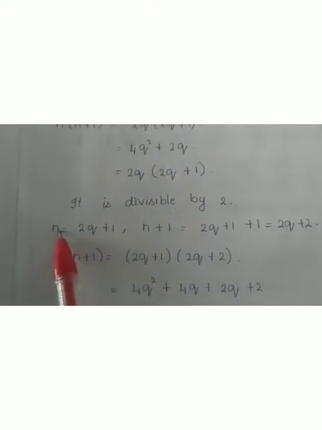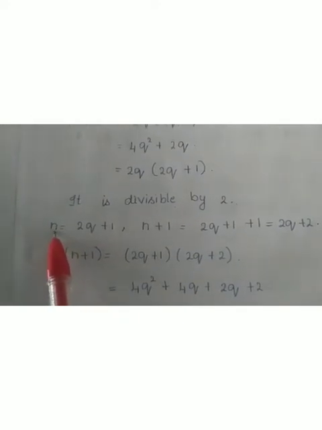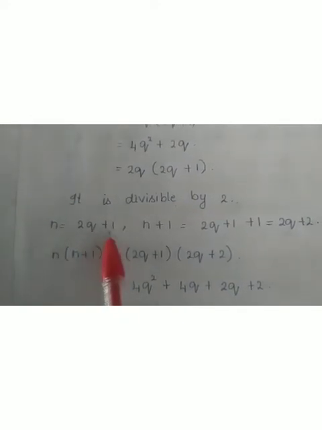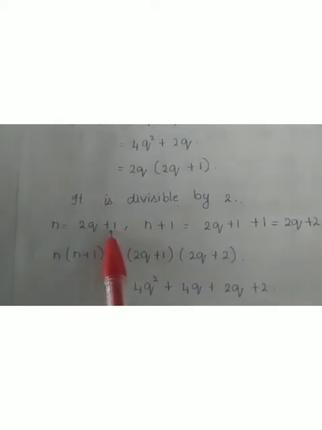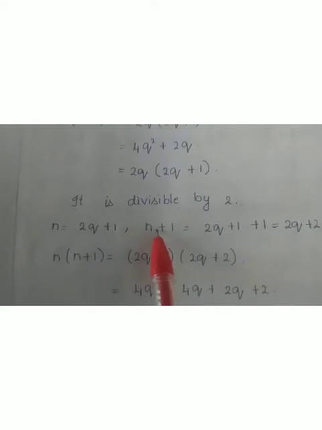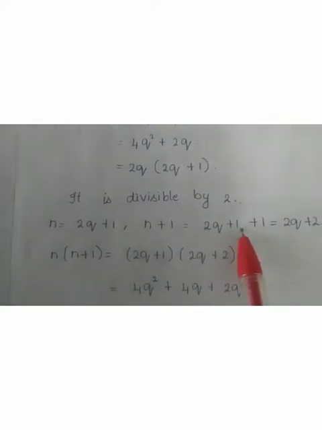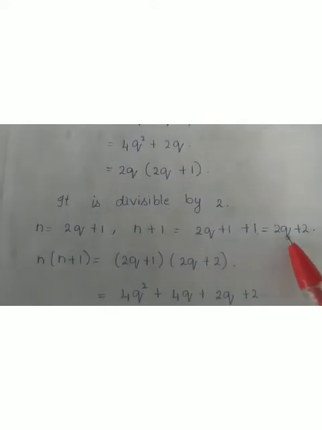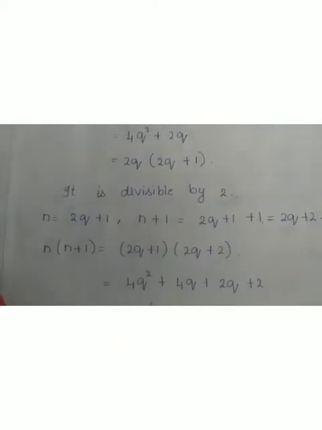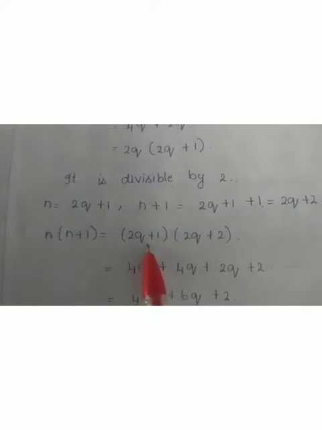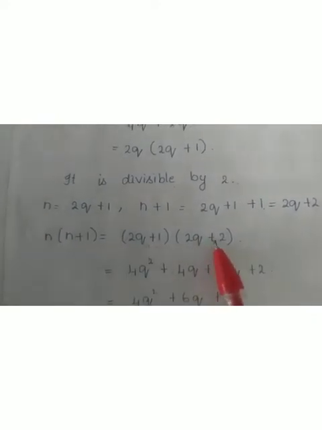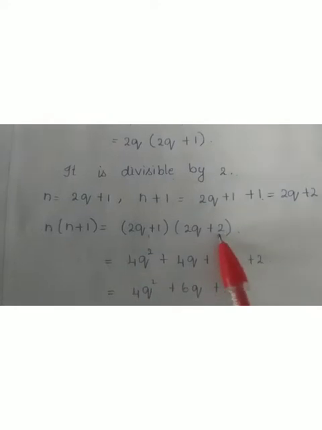Then, in case n equal to 2q plus 1, that is nothing but an odd number. So what is the next number? n plus 1, 2q plus 1 plus 1, which means 2q plus 2. So the product of two numbers: 2q plus 1, which is odd, and 2q plus 2 is the following number.